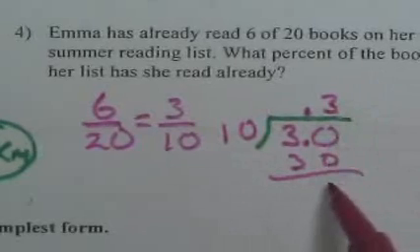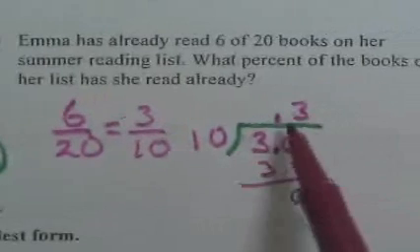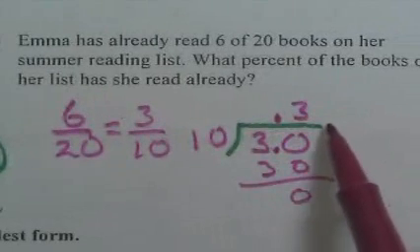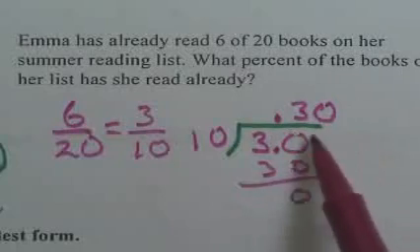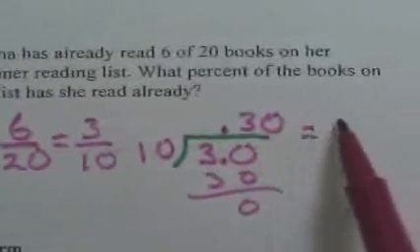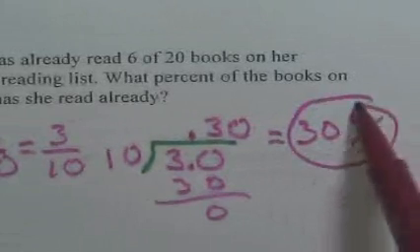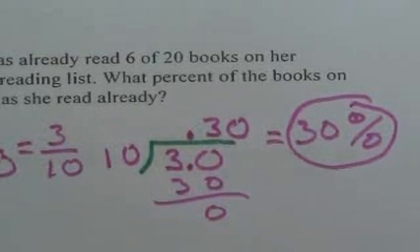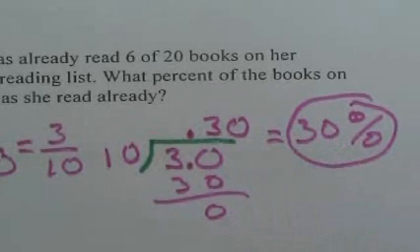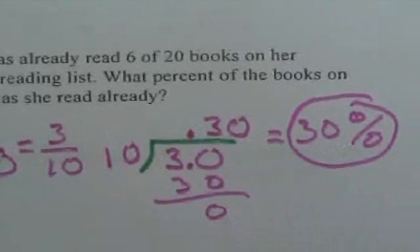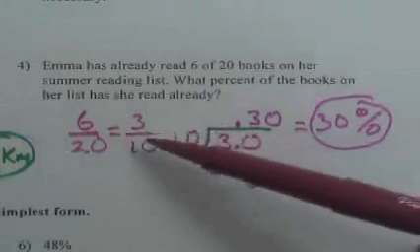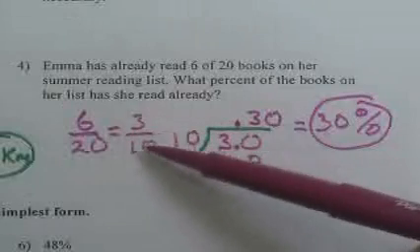You have nothing left over. And you just move the decimal over 2 spaces, and there's your percent. So really what it comes down to is your percentage is 30%. So she has read 30% of the books so far. And on a test, if you get 3 out of 10, hey, that would be 30%.